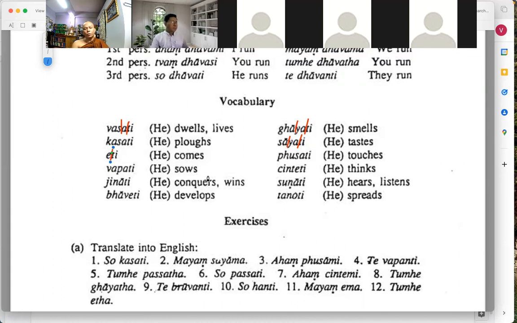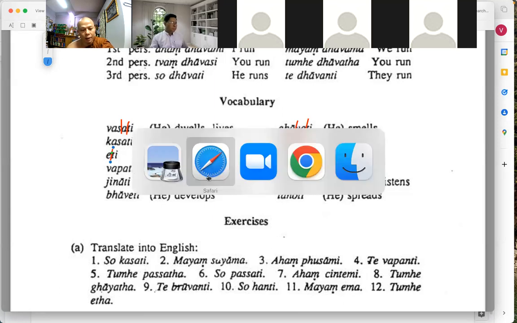To say they come, we replace ti with nti: enti, they come. And esi, you come, etha, you come, and emi, I come, ema, we come. But this verb has two meanings.